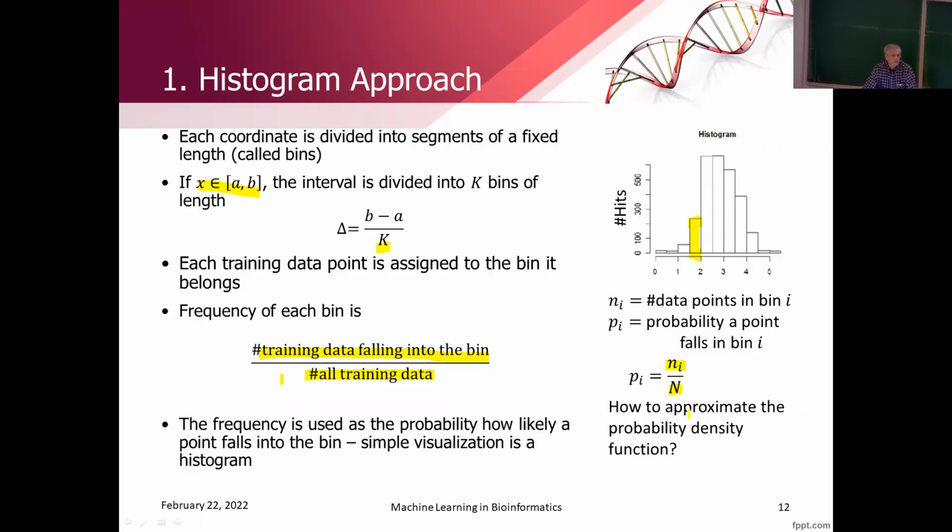From such a histogram. So the idea is, if I have a histogram, I can say, okay, I will approximate the density function as this here: constant through the whole bin, constant through the whole bin, constant through the whole bin, and 0 elsewhere.